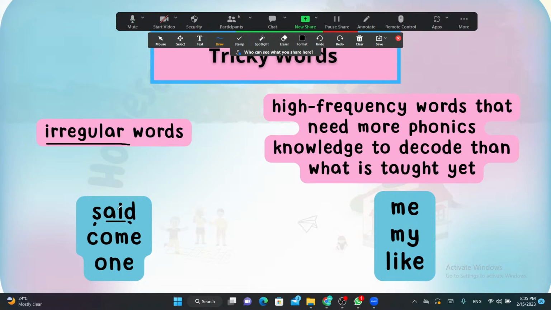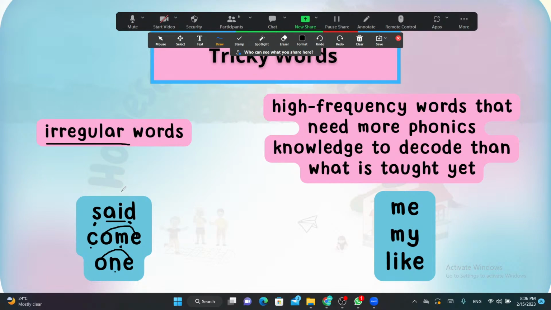We write said, but how do we say it? We say said. We write c-o-m-e, come, but how do we say it? Come. We write o and n, following the magic pattern, but we say one. So these are some irregular spellings, and they are tricky words.